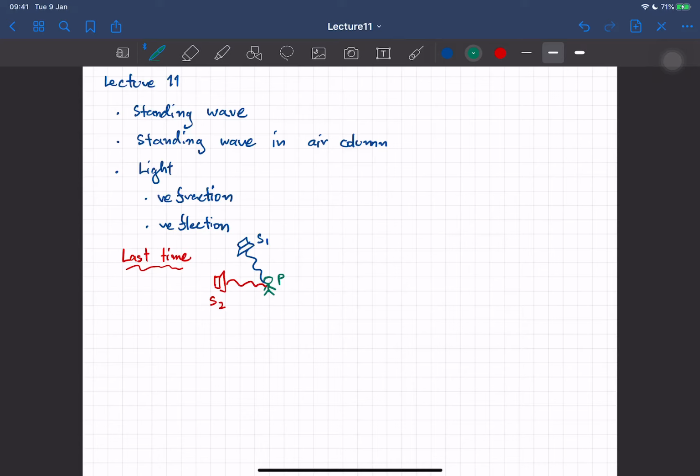Alright. And the condition for those two cases depends on what we call the path difference, which we use PD as an abbreviation for.